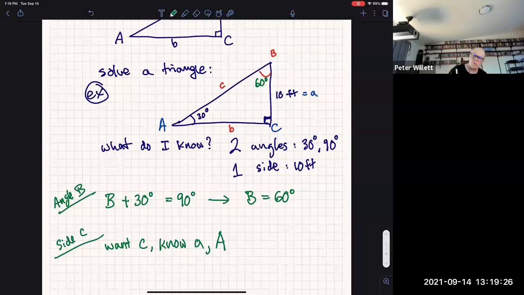And we know what relates the opposite and the hypotenuse of an angle? The sine.